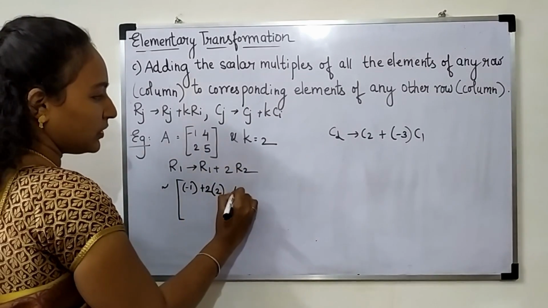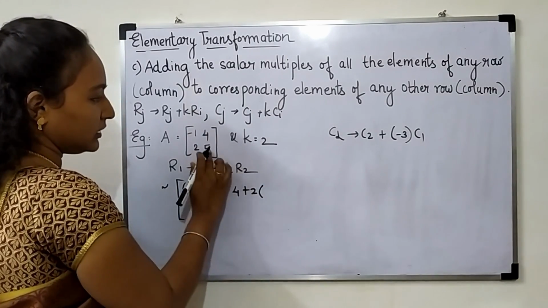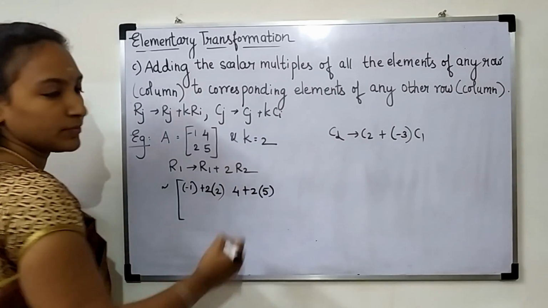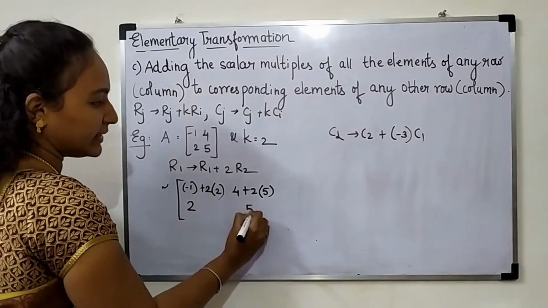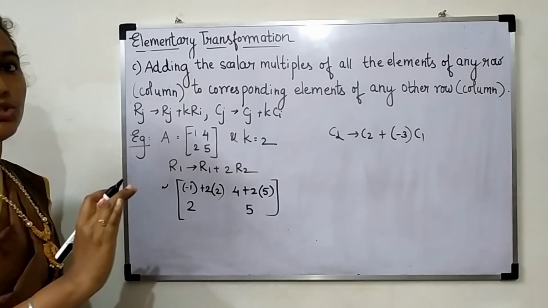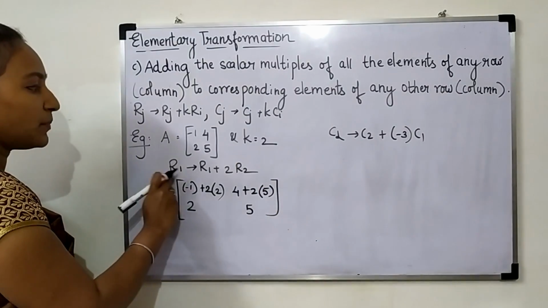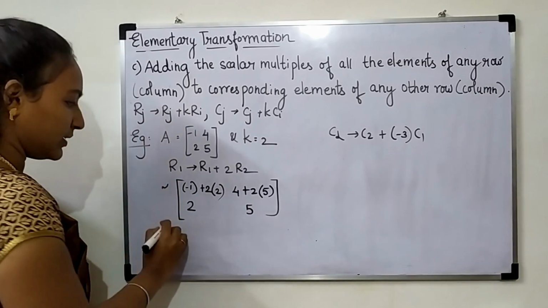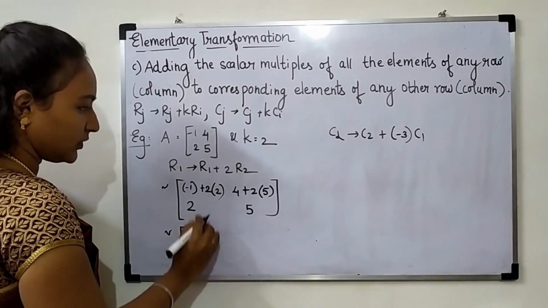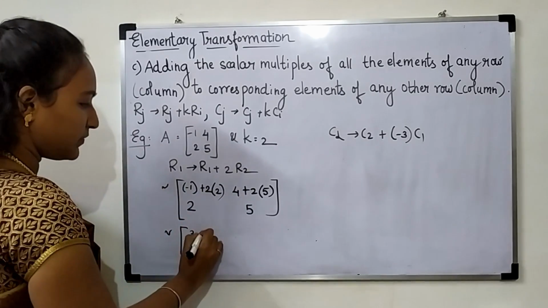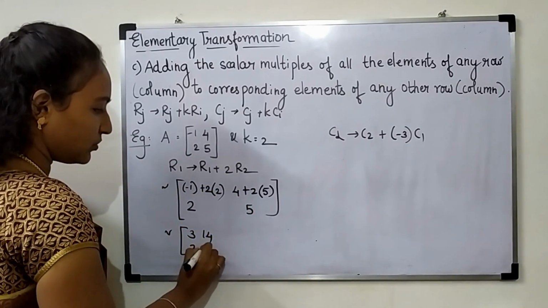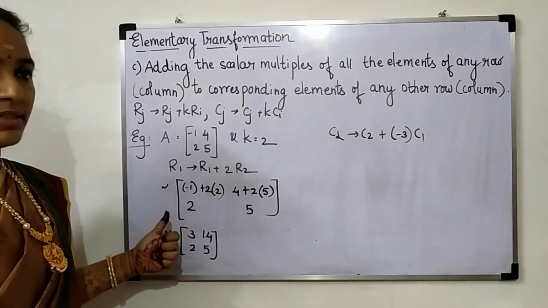Then we have 4 plus 2 times 5. R2 as it is. There will be no change in R2 since we are performing the operation on R1. -1 plus 4 is 3, 4 plus 10 is 14. Here we have 2 and 5. Hope you got this.